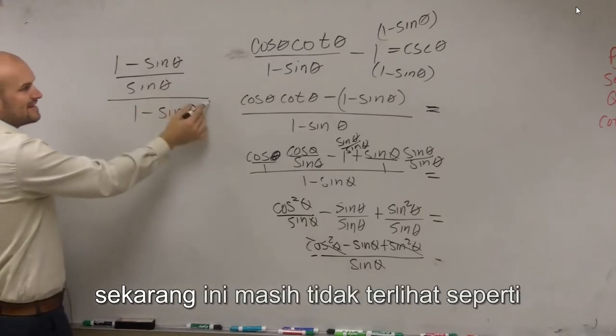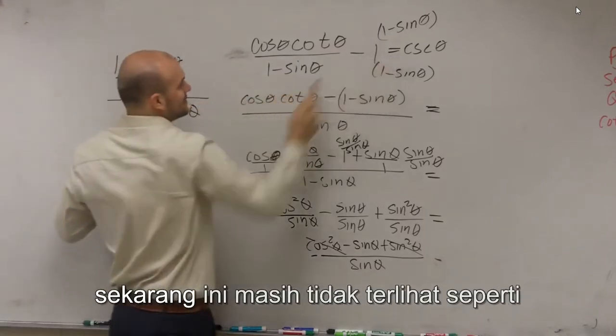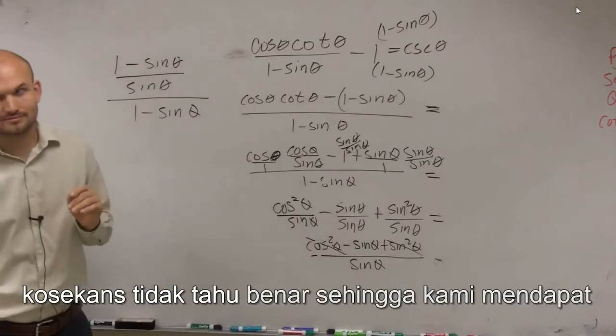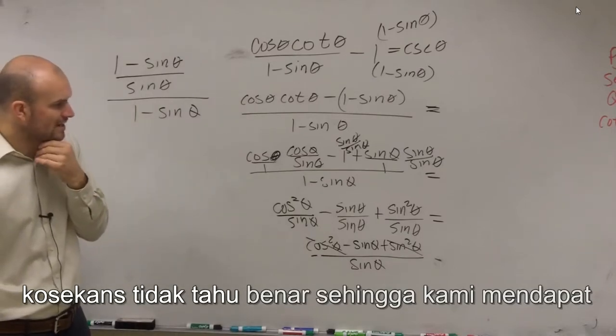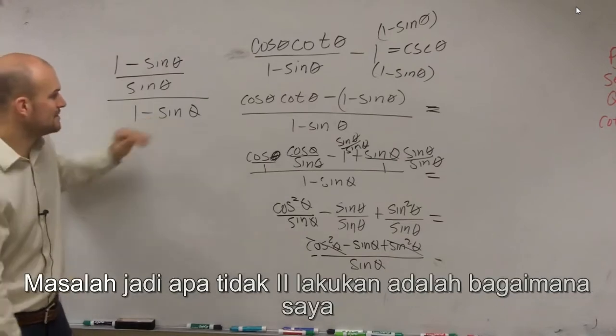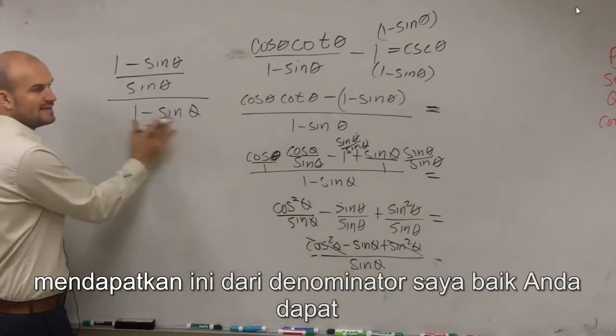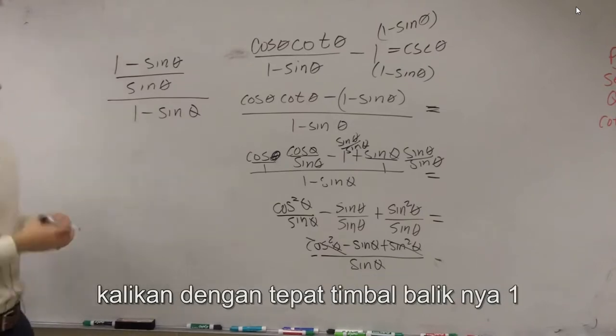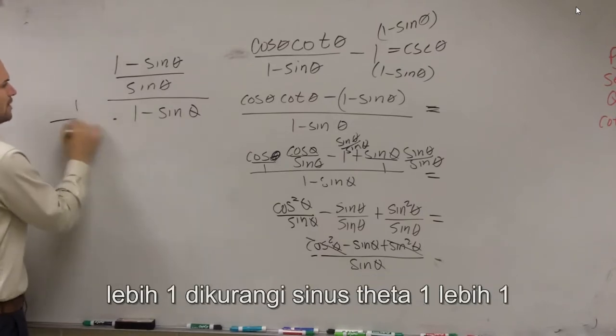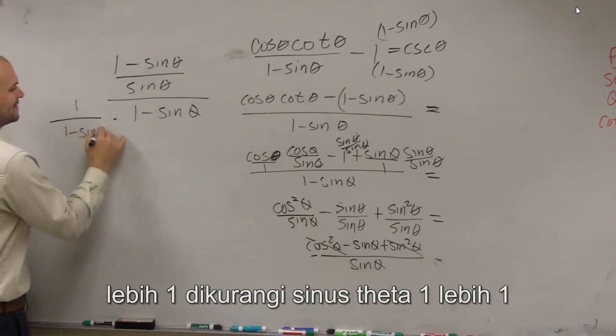Now, this still does not look like cosecant, does it? No, right? So we got an issue. So what I need to do is, how do I get this off my denominator? Well, you can multiply it by its reciprocal, right? 1 over 1 minus sine of theta.